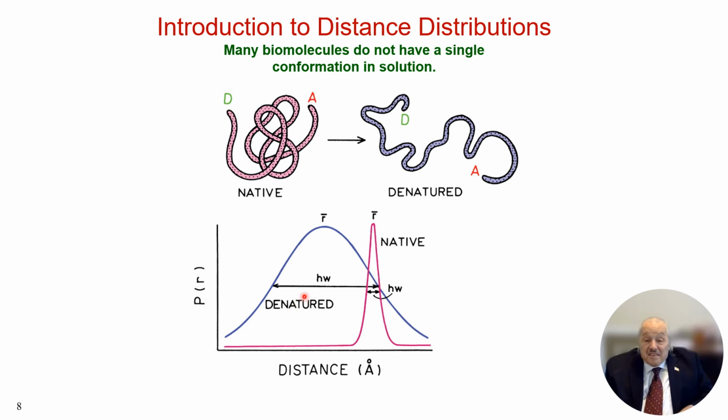In the denatured state, we expect a wide distribution because the peptide chain is all spread out and the molecules are not in the same conformation. But if the protein refolds into the native state, we expect it to adopt a conformation where the donor and acceptor have just a single distance.